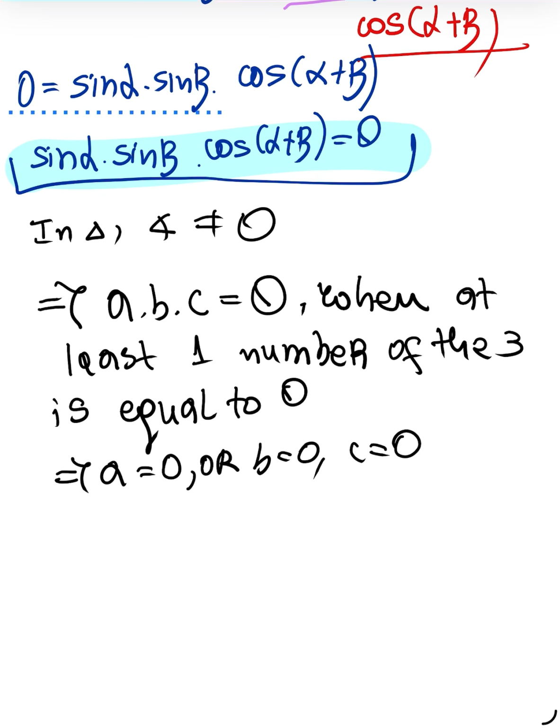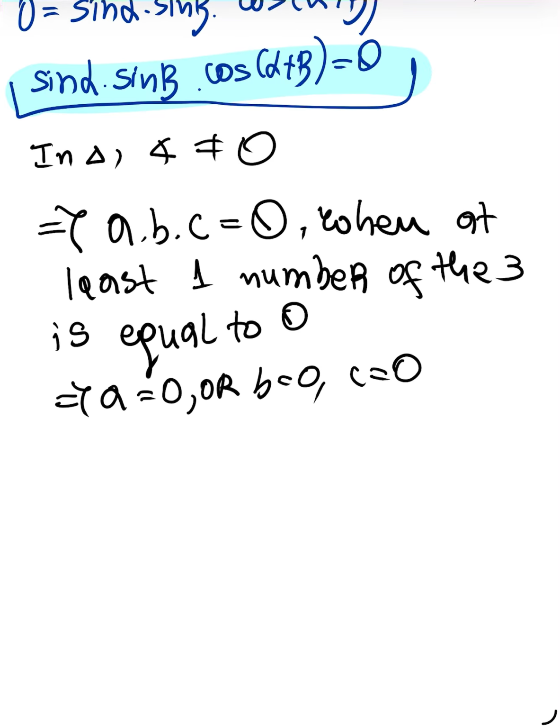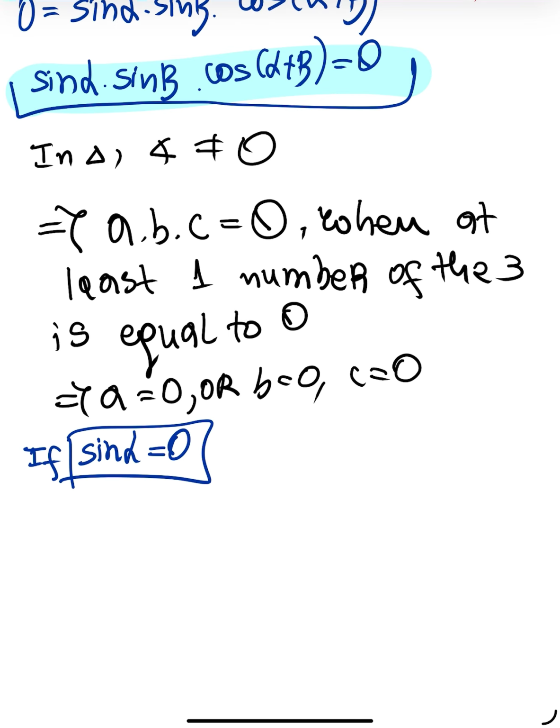So let's think of it like that. Let's check. If sinus alpha is equal to 0, when we have the trigonometric table, we know that sine is equal to 0 only when alpha is equal to 0 degrees, 180 degrees, and 360 degrees.